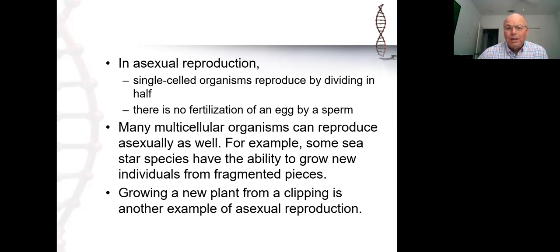And if you've ever taken a cutting from a plant and stuck it in the ground and produced a new plant from it, that's asexual reproduction, and that involves mitosis. And in fact, we do take advantage of this because we can now clone plants even more definitively.